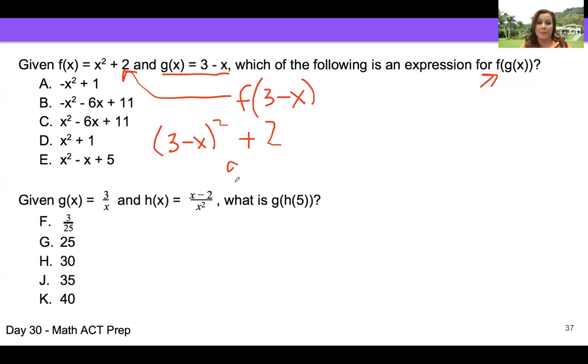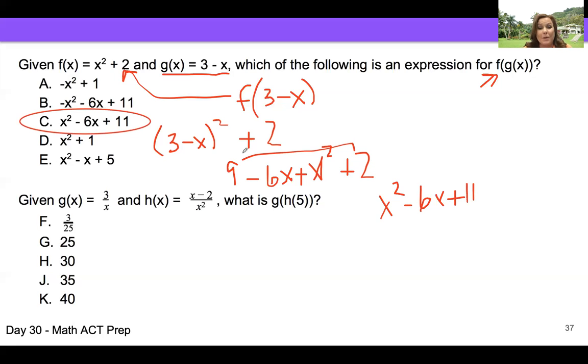So this is going to be 9 minus 6x plus x squared plus 2. I'll put the x squared first, because that's the way we really should have it: x squared minus 6x, and then I can combine the 9 and the 2 to get plus 11.